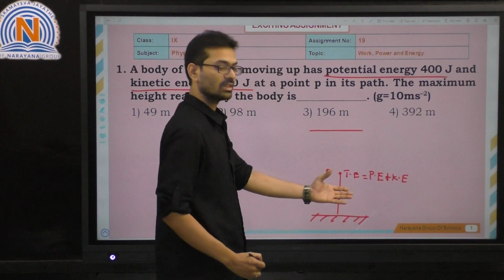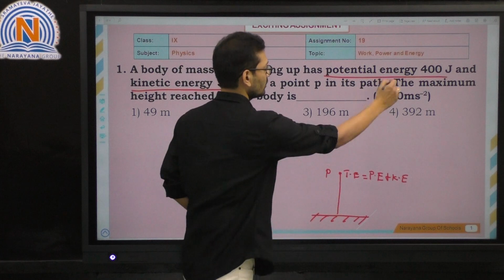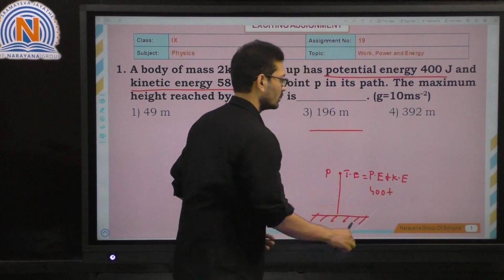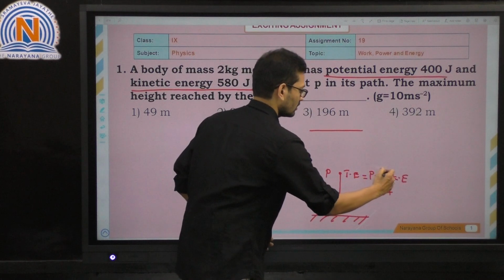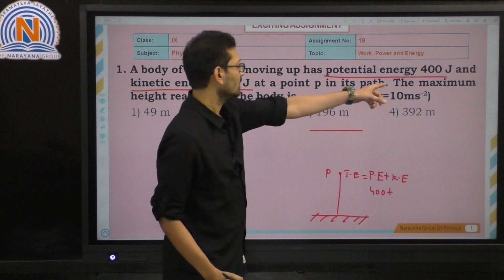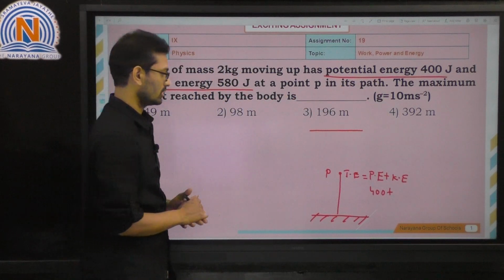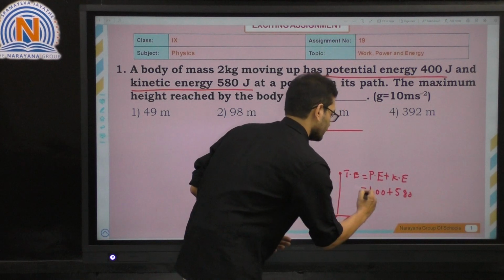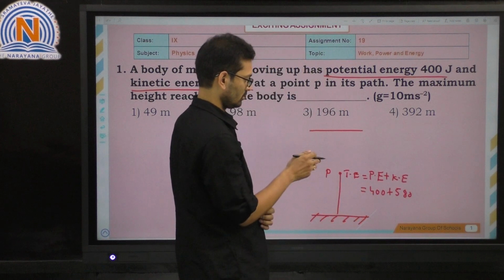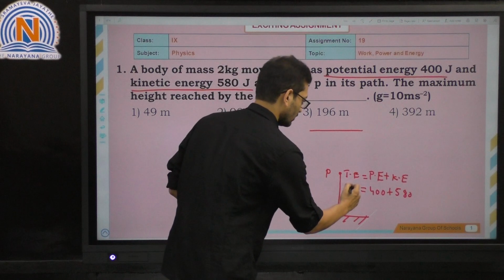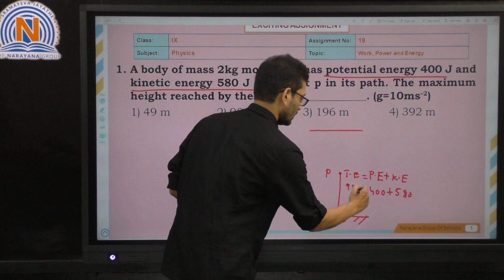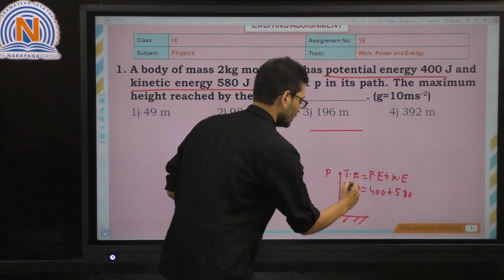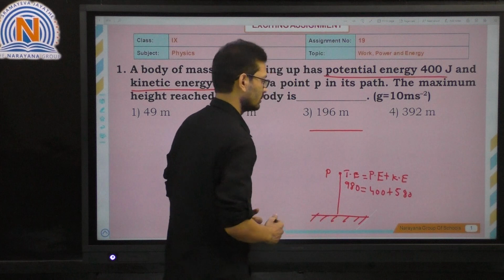Now the potential energy at this place is 400 joules, plus the KE, which is given as 580 joules. It is going to be 980 joules. So the total energy over here is 980 joules.